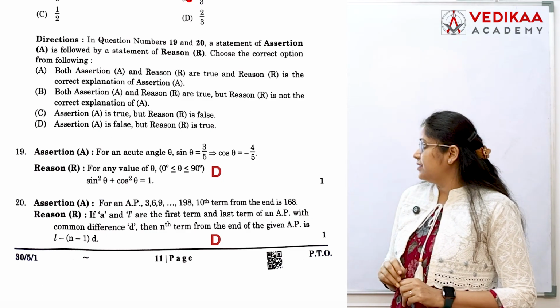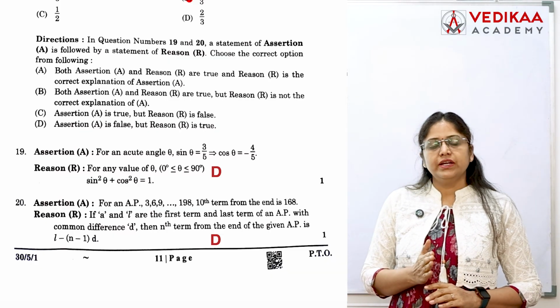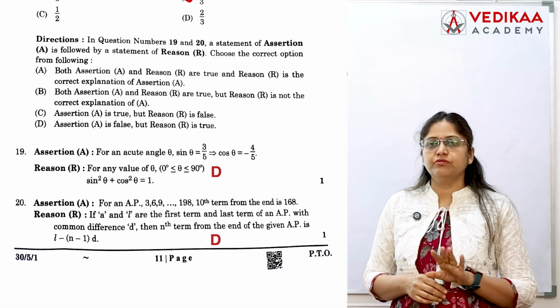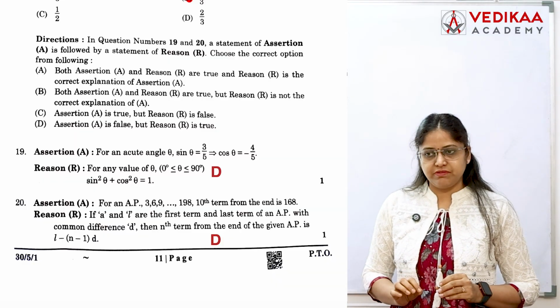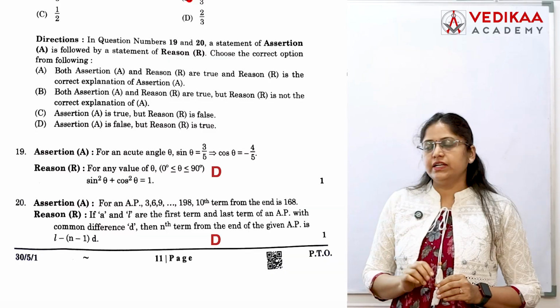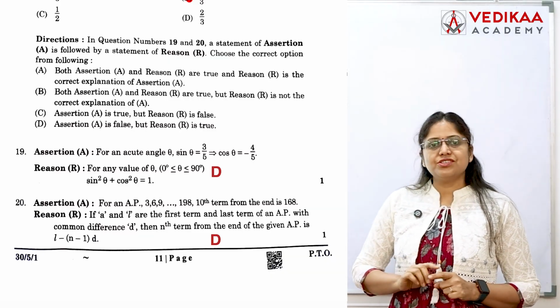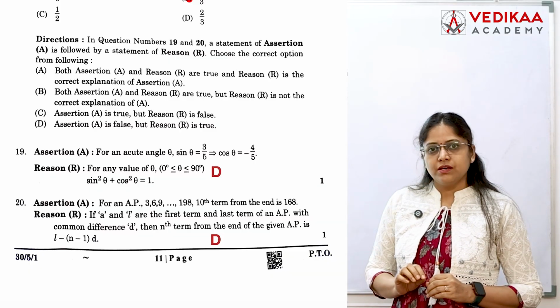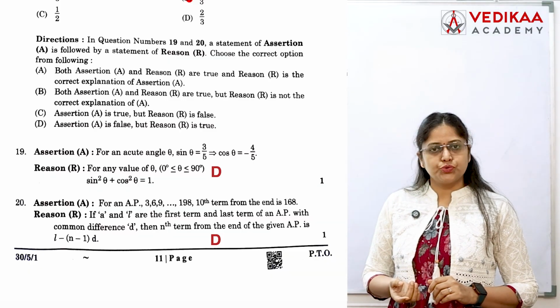Now the 10th term from the end is the 57th term from the start. If you calculate the value of A57, it is coming out to be 171, not 168. So your assertion statement is false here. So the correct option is D, assertion is false but reason is true.